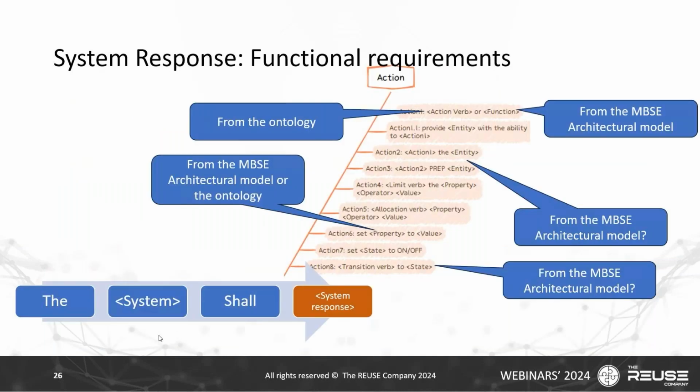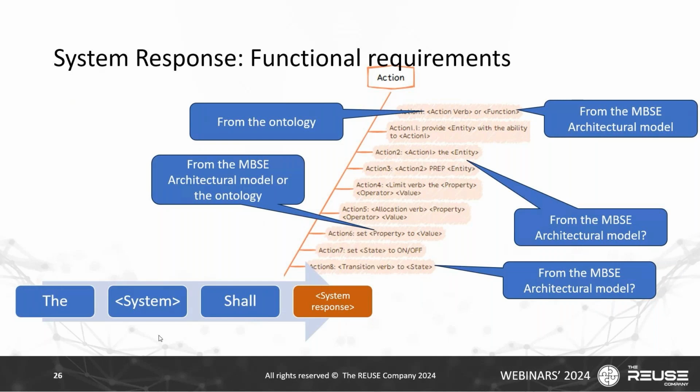If we focus now on the system response, according to EOS, the system response is whatever. You write whatever you want in this system response. However, what we have done in our implementation of EOS is extend this system response to allow more thorough guidance to the authors.